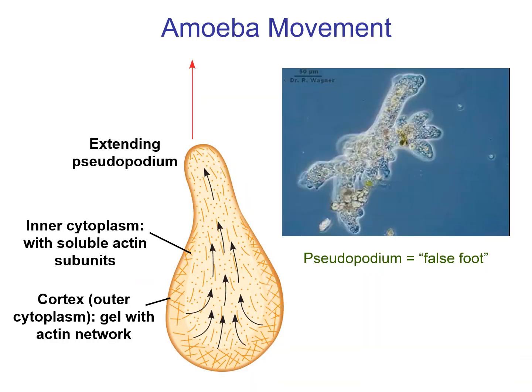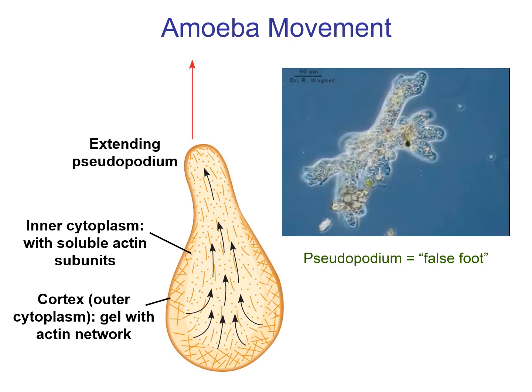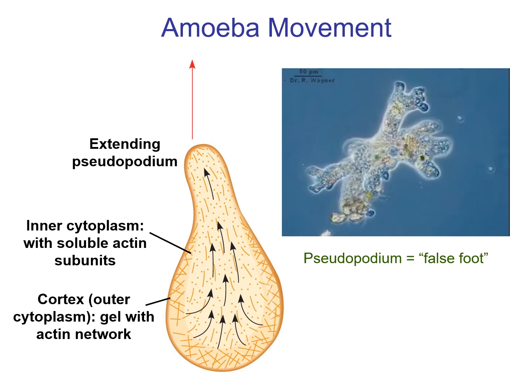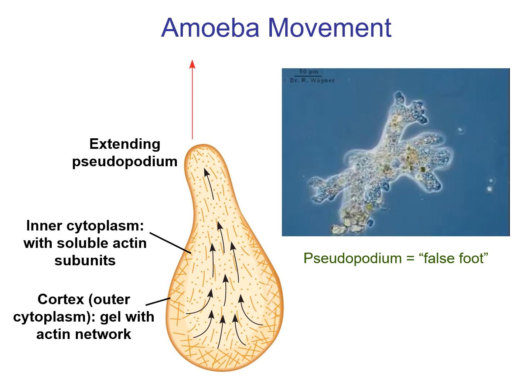Here's an example of cytoplasmic streaming. So the amoeba that you're seeing there on the right is producing these pseudopodia, and then it's forcing its cytosol into those pseudopodia, into those lobes, and that's how it moves forward.